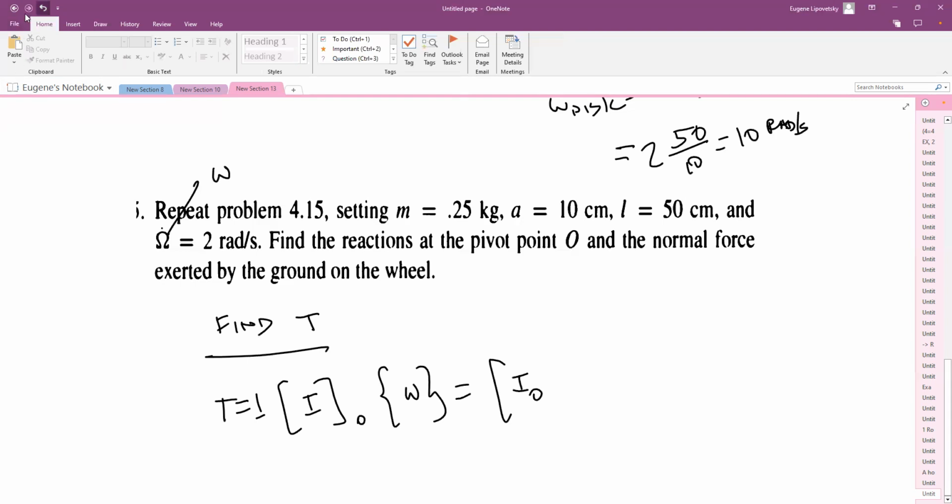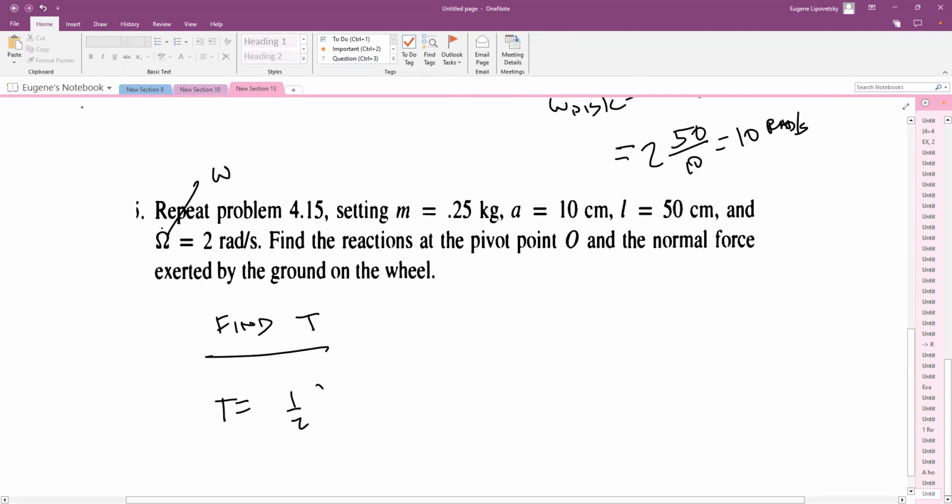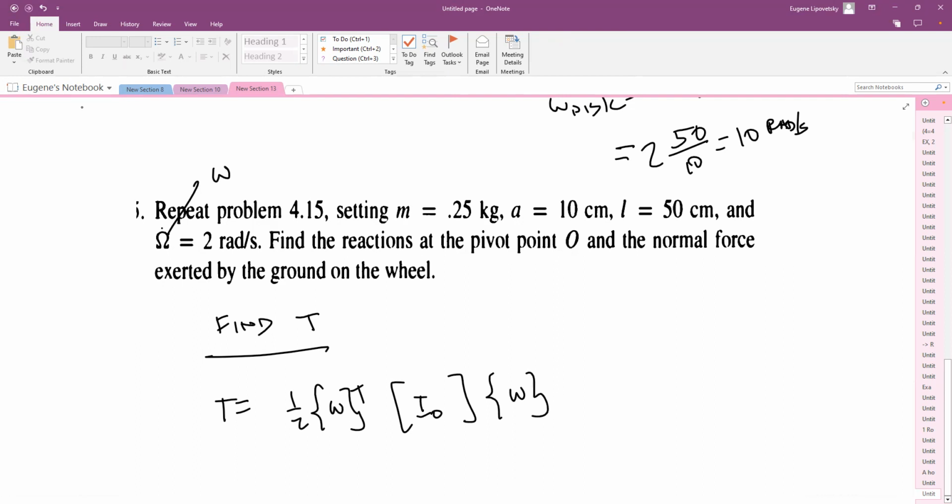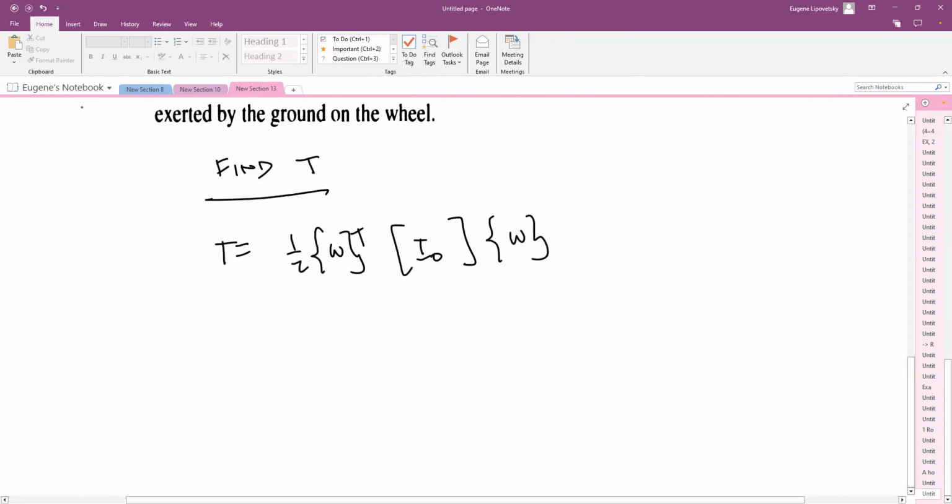Let me just correct it a little. It's going to be 1/2 of omega transpose times I about O times omega. Okay. All right, the omega equals omega x, omega y, and omega z.